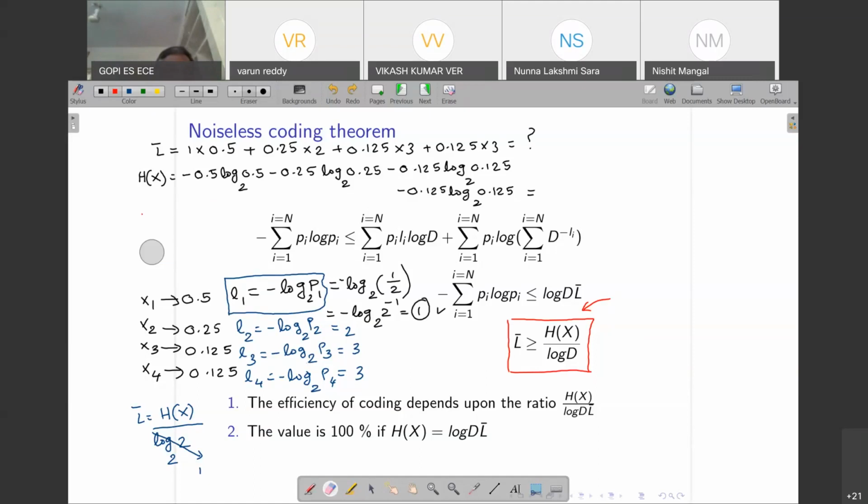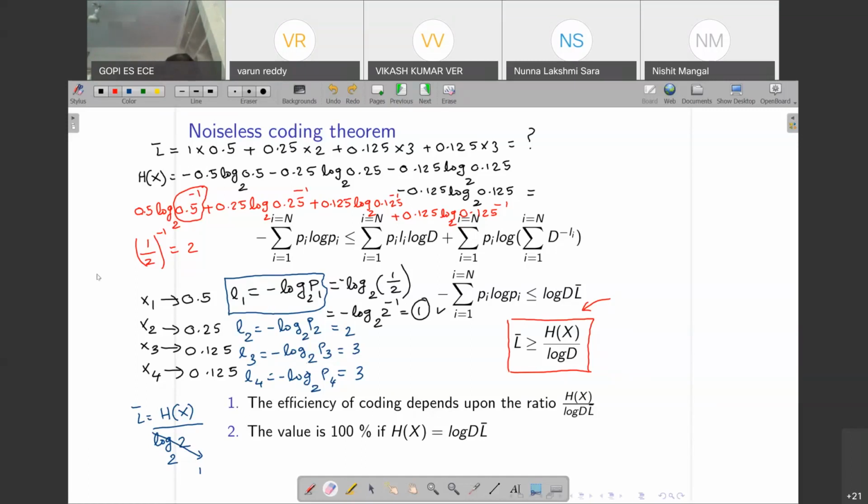So 2 square is giving you the answer, and this value similarly ends up with 3. What we get is your L bar, and both are exactly the same expression.